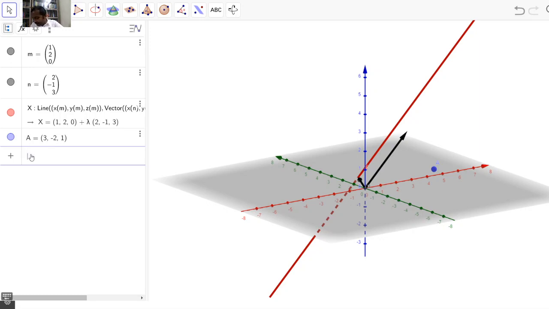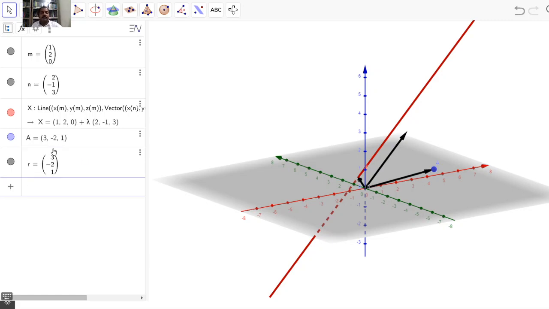Our newly found P0 is this one, A. You may take, as you already took M and N, R and S. R is equal to our new initial position, 3 comma minus 2 comma 1.